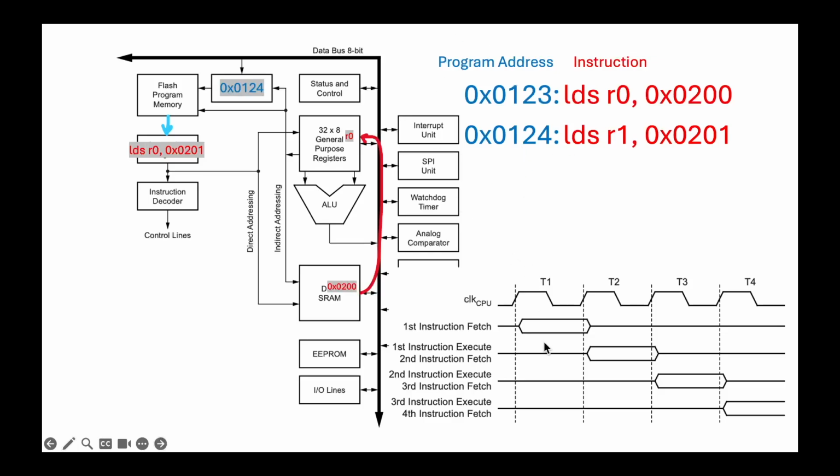And this is how it can provide 16 million instructions per second per 16 megahertz clock cycles. This is how it can provide that throughput. So after that, it's going to fetch the next instruction while it is executing the second instruction.